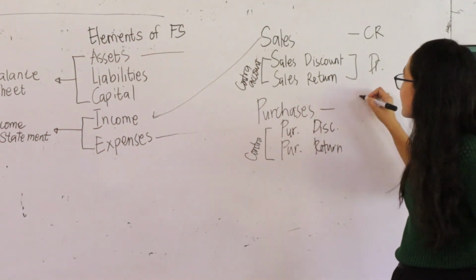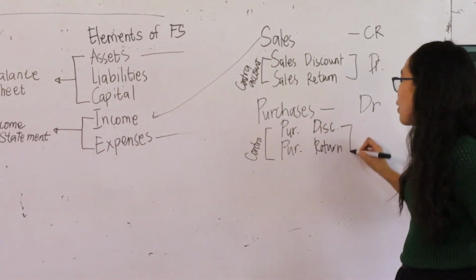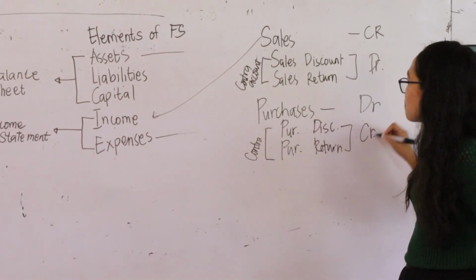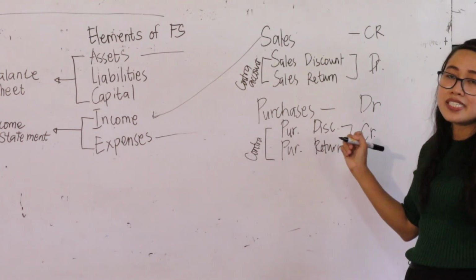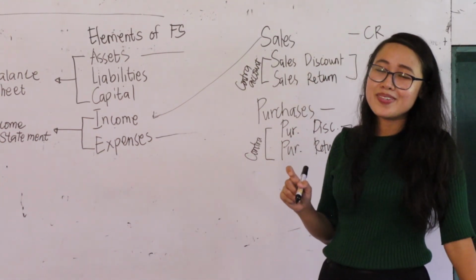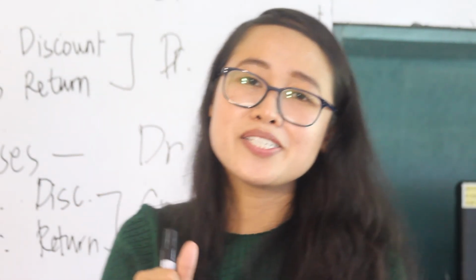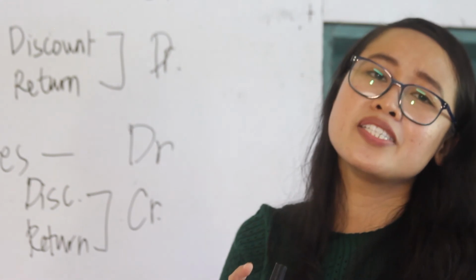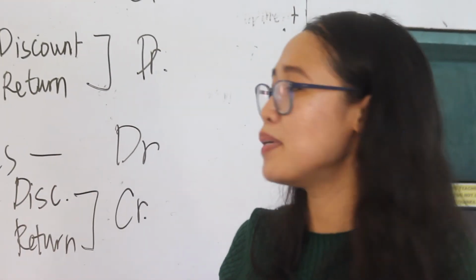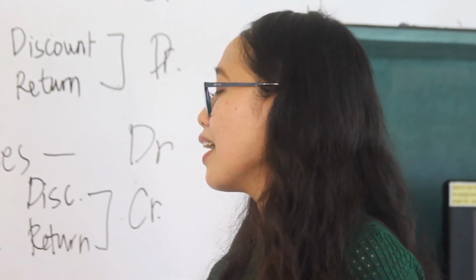So purchases is a debit balance, and all the contra accounts will have the opposite balance, and therefore purchase discounts and purchase returns are on the credit side. Don't worry, I will give you exercise problems for this to polish your understanding of sales and purchases.